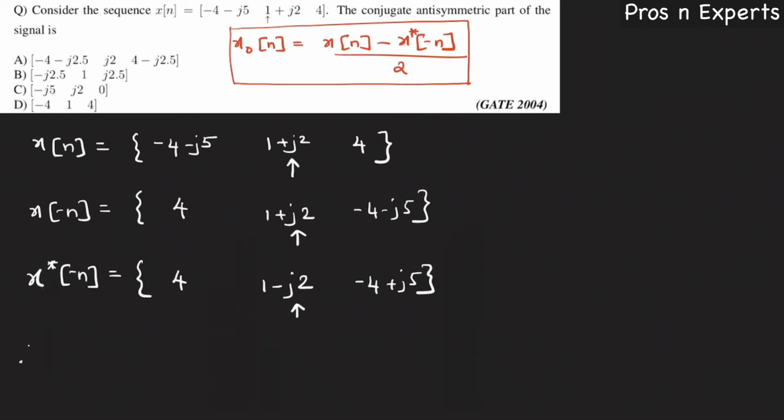Now we can easily find xo of n using this equation: x of n minus x star of minus n, by 2. We have to find x of n minus x star of minus n.